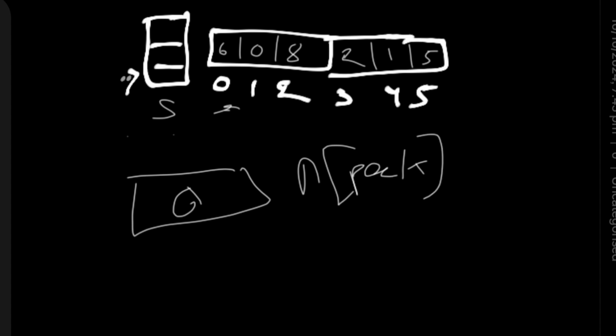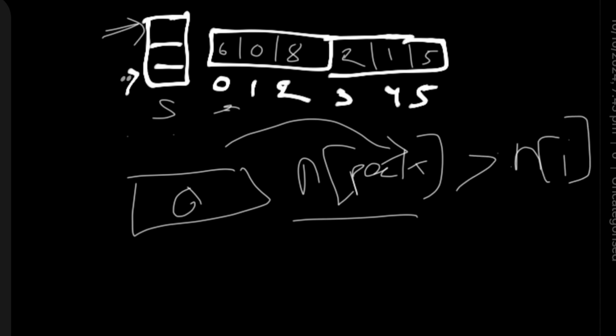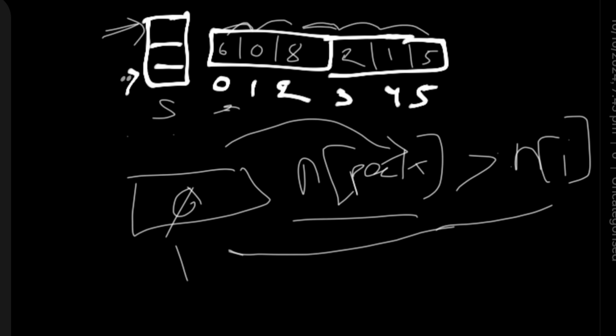That means the top of the stack is considered the peak. If nums of peak is greater than the current value nums of i, then i will be added to the stack. 6 is greater than 0, so the peak will become index 1 now. 0 is not greater than any of the values, so the current peak will remain as 1 itself, the index representing 0.